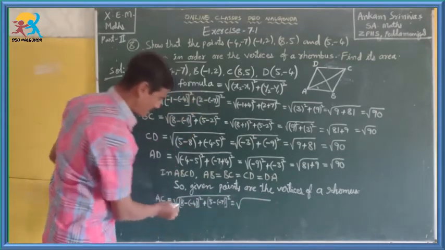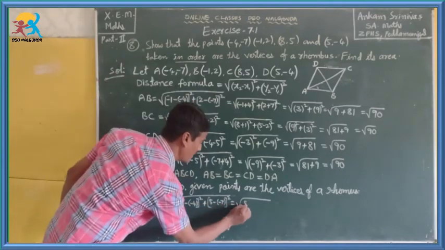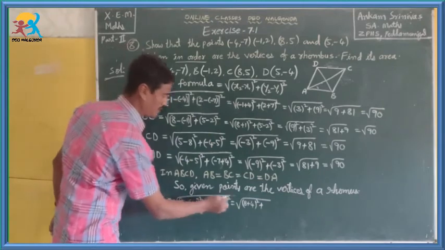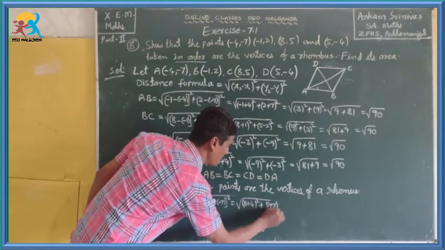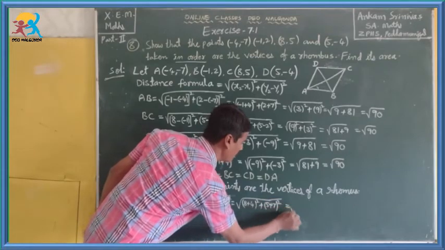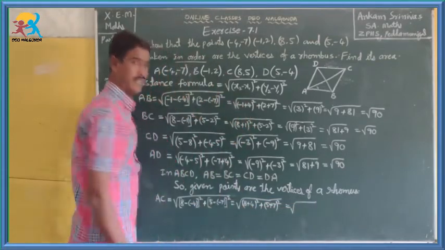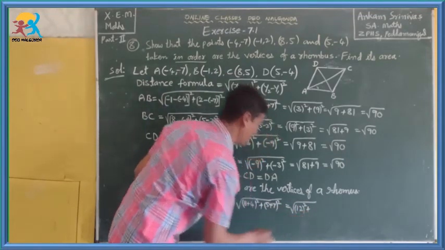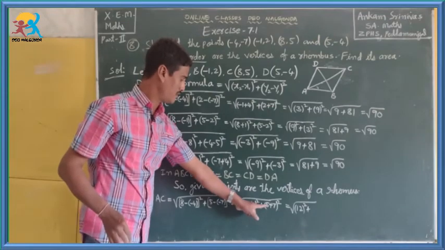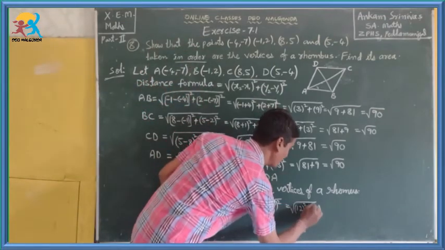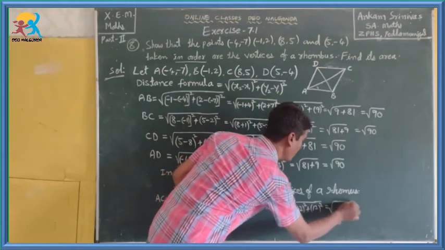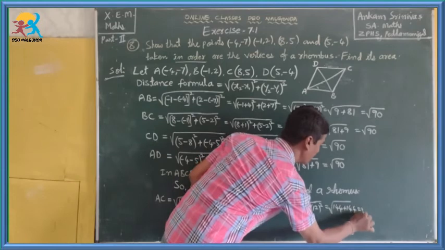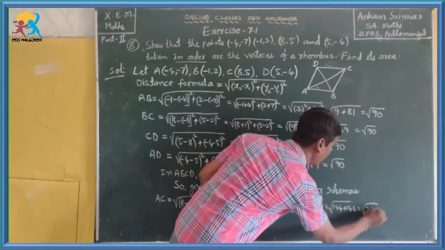Now, children, here 8 plus 4 whole square plus 5 plus 7 whole square, and we will get 12 square plus 12 square. We will get 144 plus 144, the square root of 288.